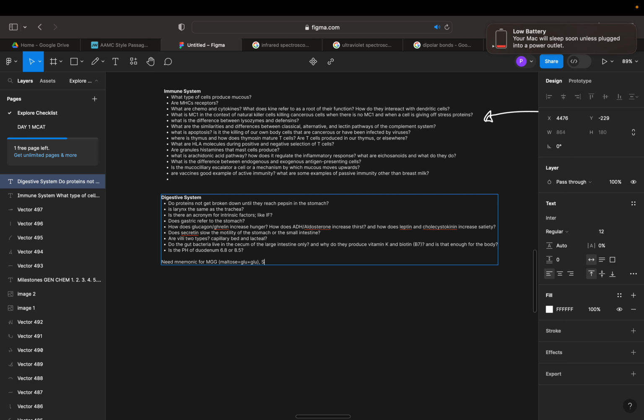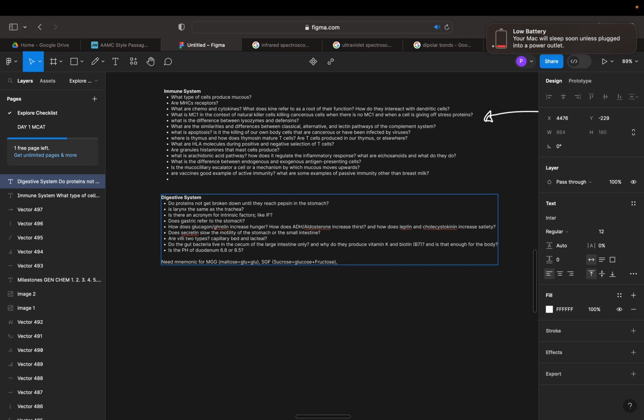We have SGF: sucrose equals glucose plus fructose.